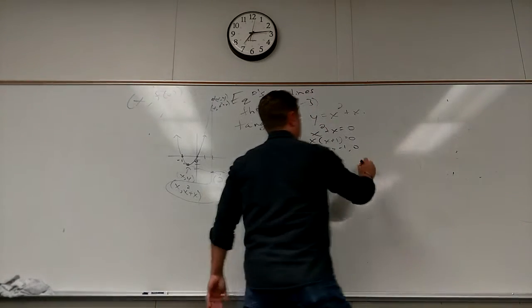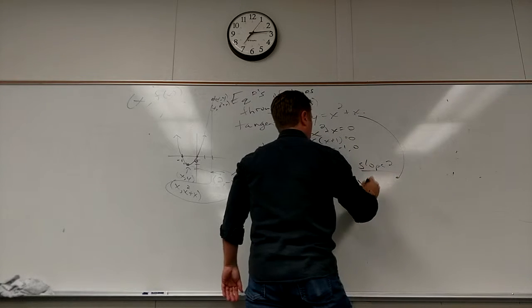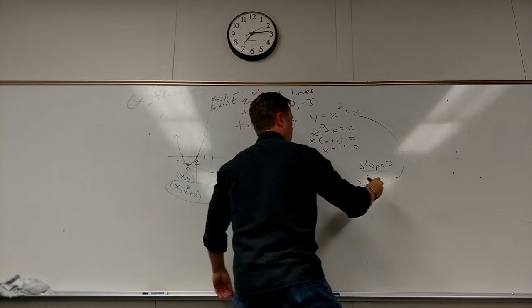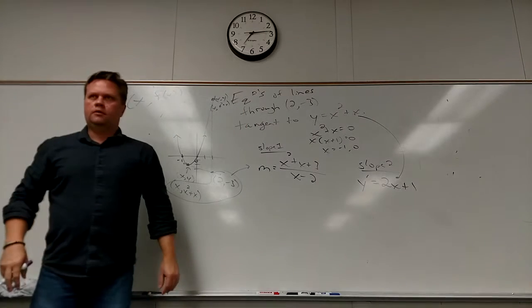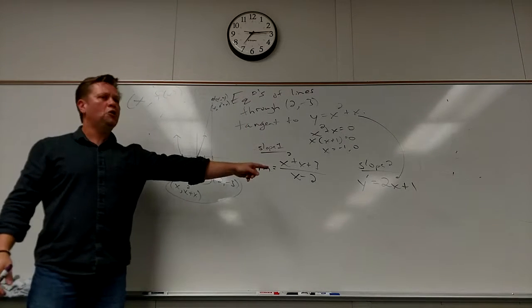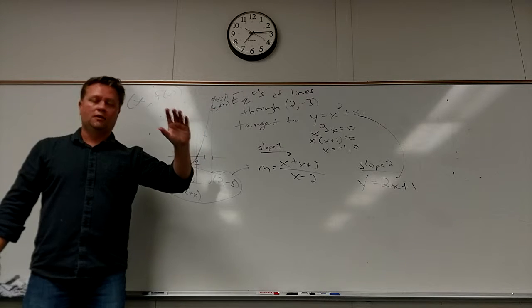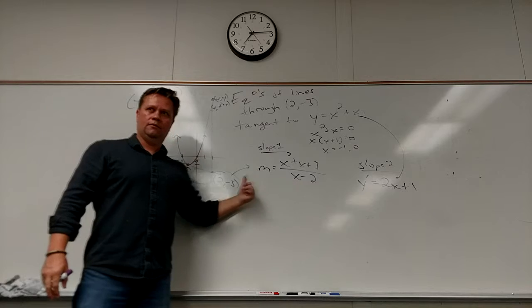So the other way to get the slope is the derivative of this. 2x plus 1. So that's the slope anywhere on the parabola. That's the slope I want for my line.